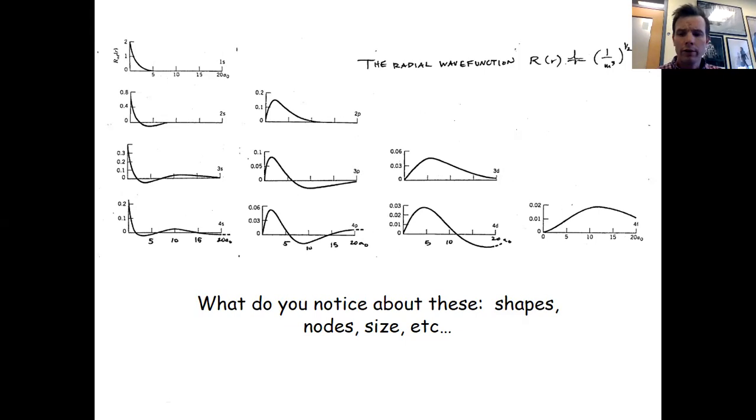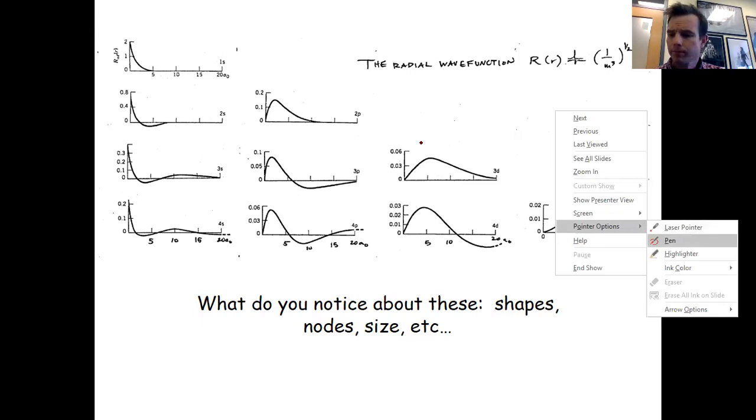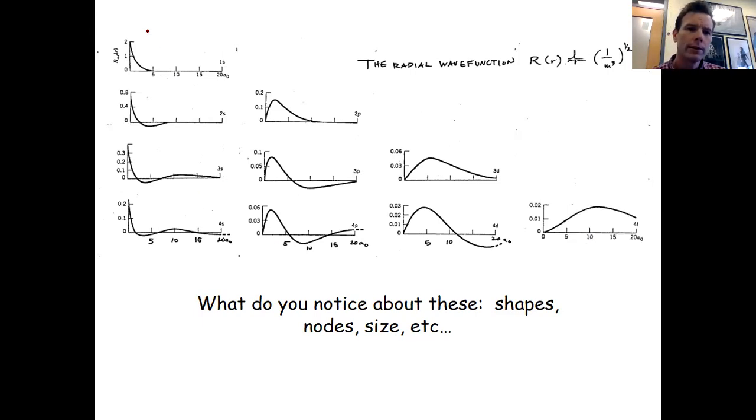One of the first things I would point out is that our expectation was basically right. We said that if L were equal to 0, that is, if this were an s orbital, the wave function is not equal to 0 at the origin. That was our prediction, and in fact, that turns out to be exactly true.